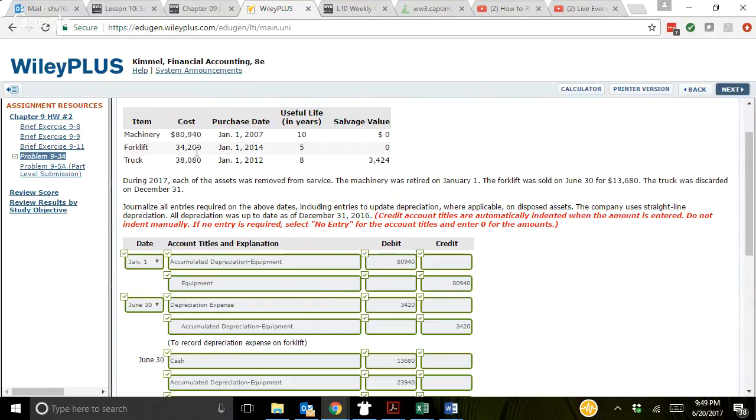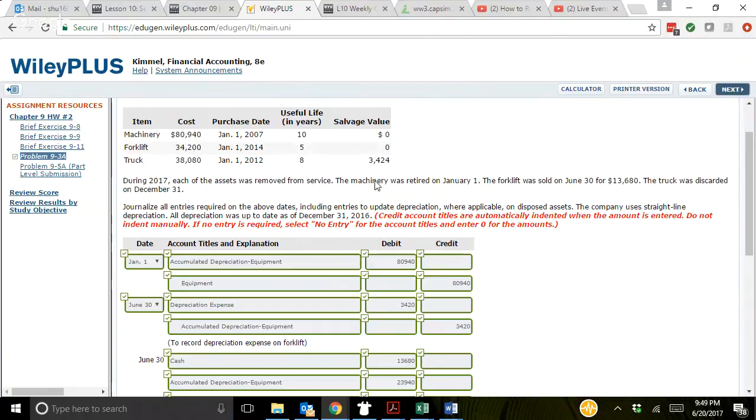34,200 by 5, and that'll give us how it depreciates each year, which is 6,840. And then we're going to go ahead and divide that by 2, because it's 6 months in, which is exactly half the year.